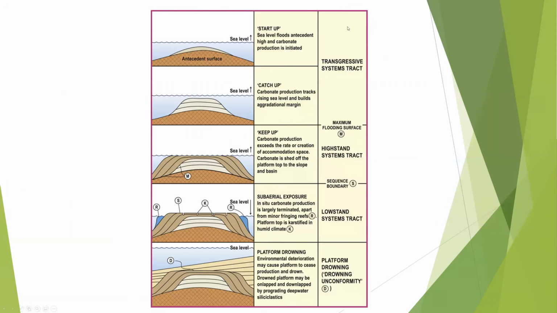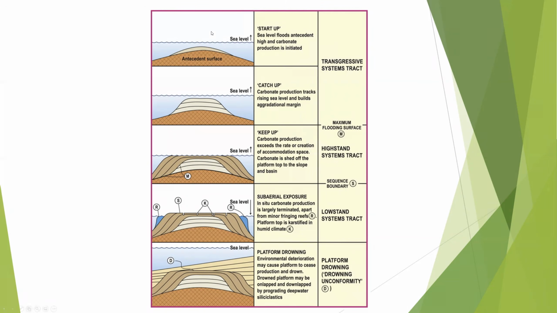If we look at this image, this is a carbonate factory. Based on the transgressive or highstand systems tract or lowstand systems tract, or it's better to say the sea level fluctuation, we have different types of deposits.